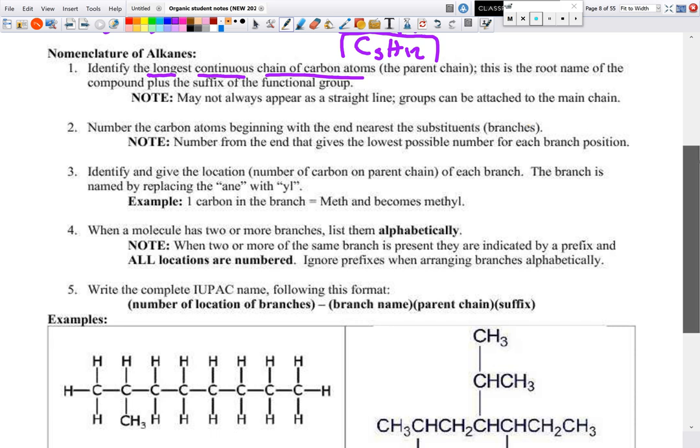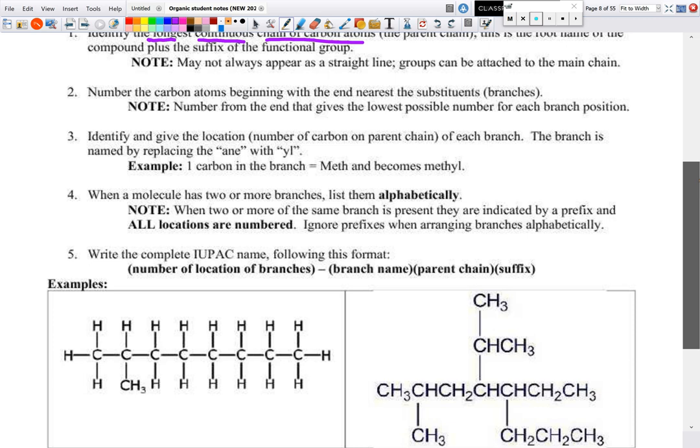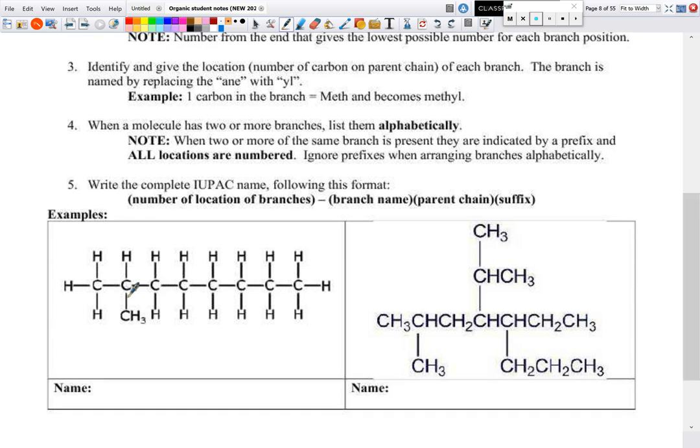So, before we get to 3, 4, and 5, let's look at our first example here. I'm going to do steps 1 and 2 in one shot. Step 1 is find our longest continuous carbon chain. So you start at an end, either starting at this carbon, this carbon, or that carbon. You need to start at an end. You cannot start in the middle.